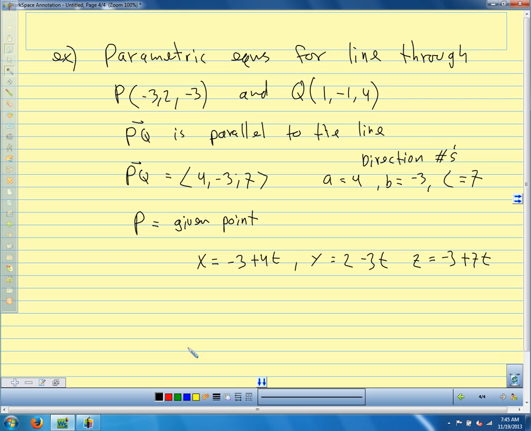All right. So the other thing we're going to talk about today having to do with lines is how to find the distance from a point in space to a line. Finding the distance between a point and a line is going to be a useful tool to have.